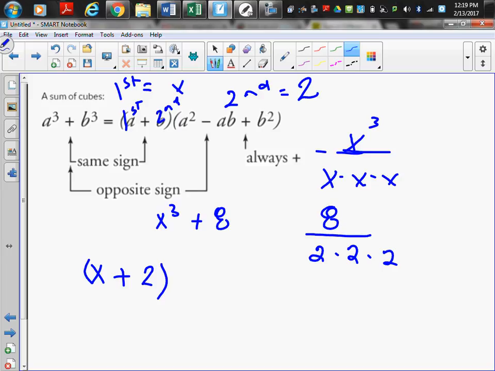So what was my first factor? x. So that is x squared. And then I do my opposite. So what is my first factor times my second factor? 2x. And then my second factor was 2. So 2 squared is 4. And there's your answer.